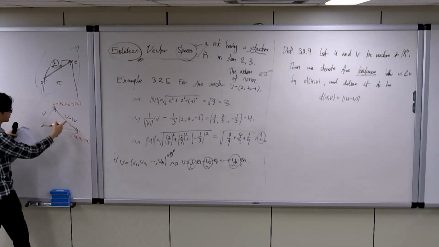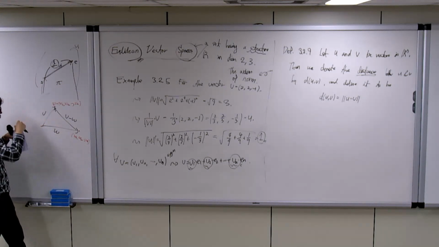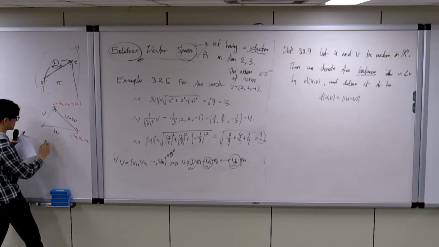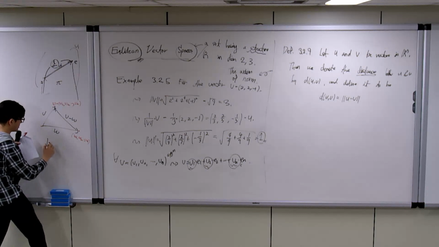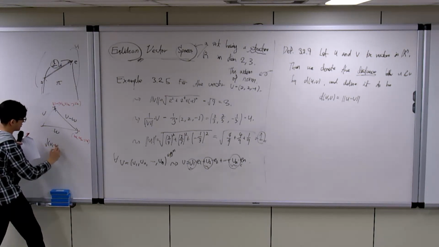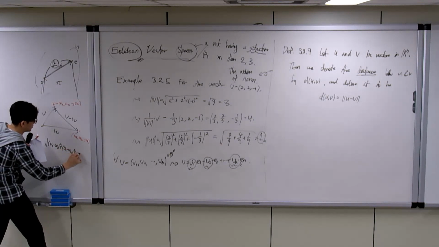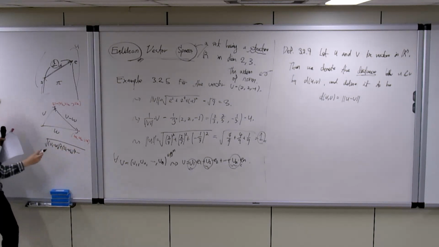And this norm will be given by the value of the subtraction's norm, like (v1 minus w1) squared plus (v2 minus w2) squared, in square root.